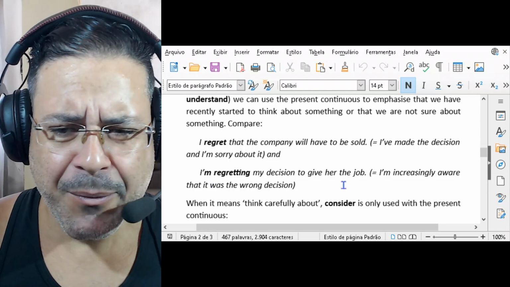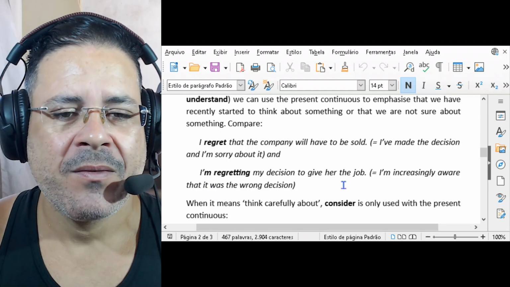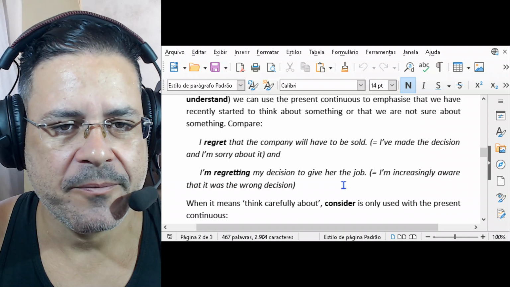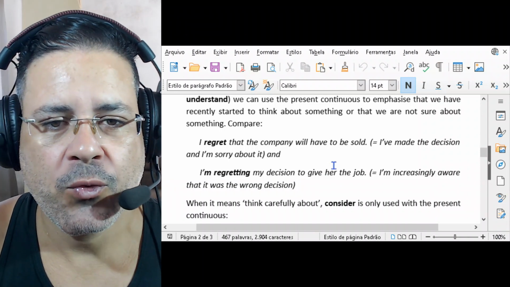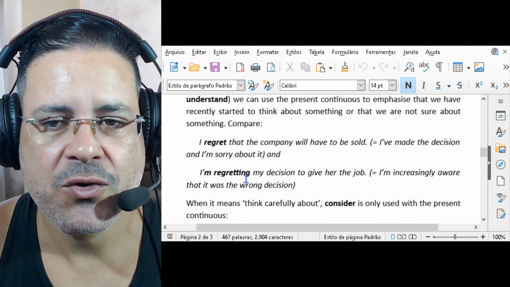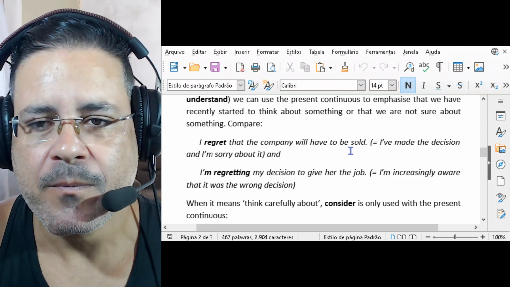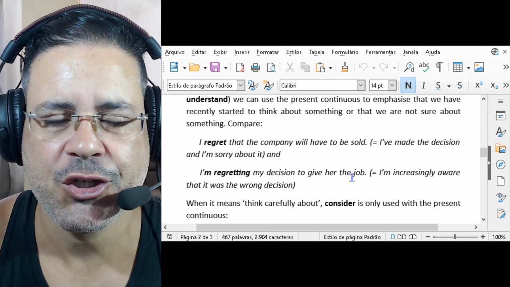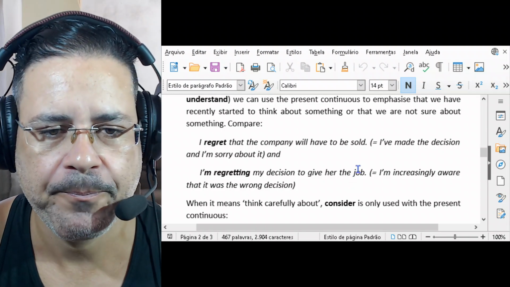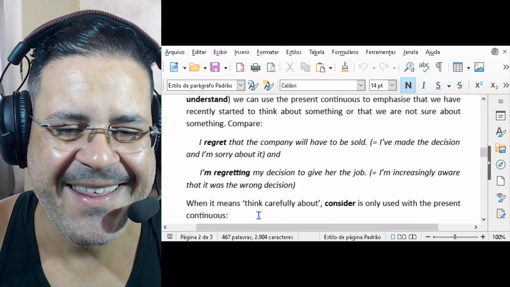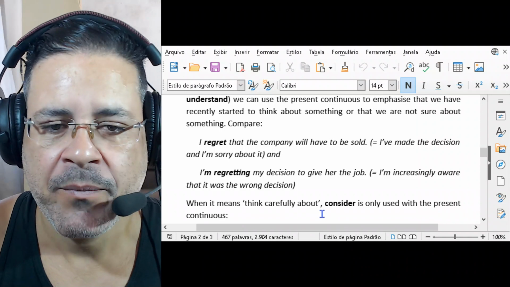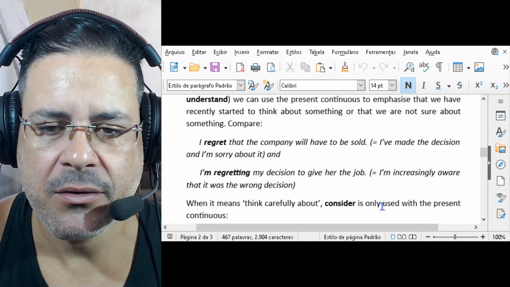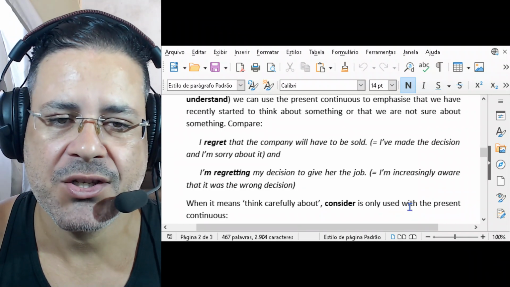That is, I'm increasingly aware that it was the wrong decision. So we're using the ing form to emphasize that we have recently started to think about something or that we're not sure about something. When it means think carefully about, consider is only used with the present continuous.